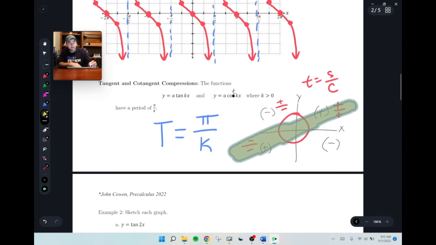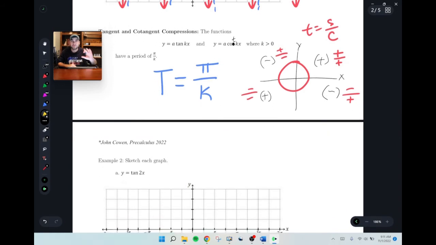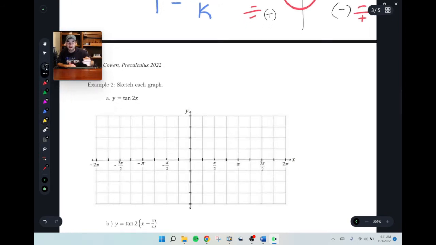A negative over negative and a positive over positive are the same. And you got a negative over a positive, which is the same as the other corner. And that's why it repeats every half, not every whole cycle, right? Every half unit circle, we've got our tangent repeating, not every whole unit circle. If that was too fast, come to office hours, we'll talk through it really slowly. Or maybe I'll post a separate video just about the unit circle and these graphs.